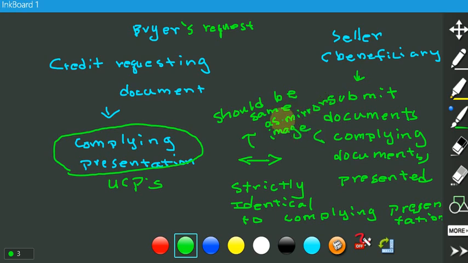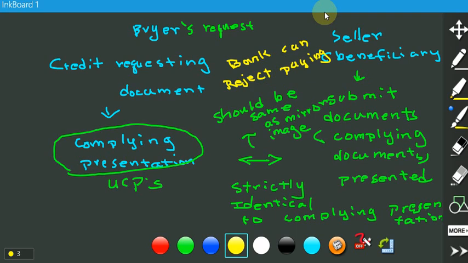If not the same, what can happen? The bank can reject the paying. If this is not the same, the bank can reject payment.